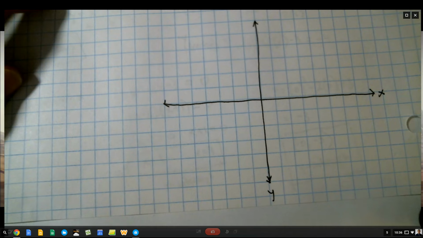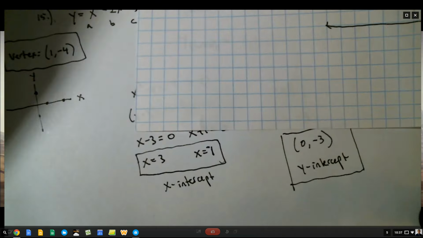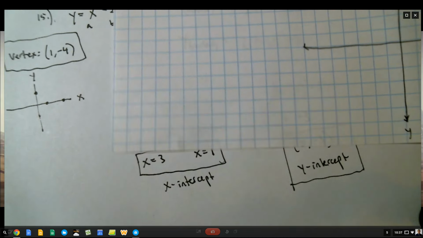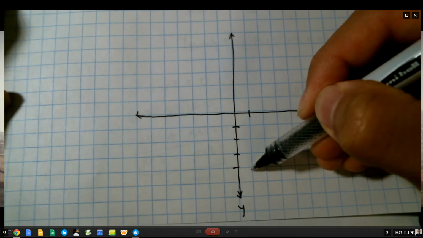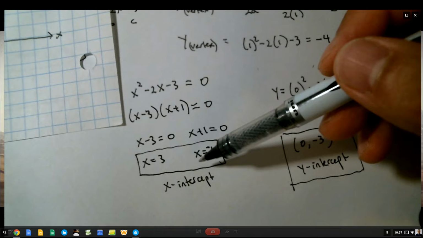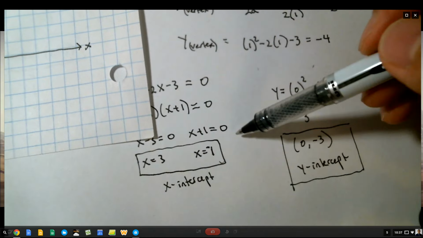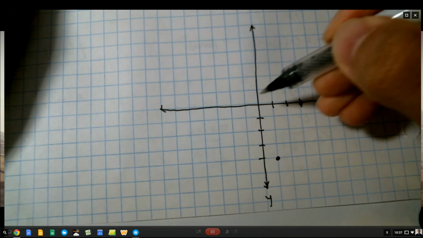We know the vertex is at (1, -4). We know it crosses the x-axis, the x-intercept, at (3, -1).